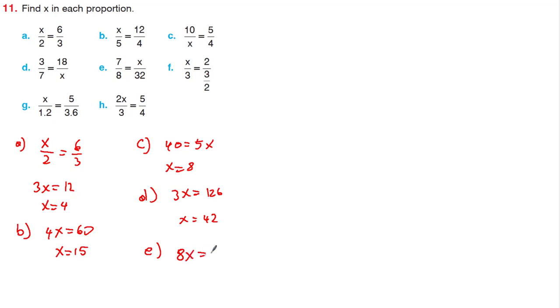So 8x is 7 times 32. If I divide by 8, I get 7 times 32 over 8. This would be the best way, because we can simplify by 8. So here we get 4. That means 7 times 4 is 28. So sometimes it's way better to not perform the operations directly.